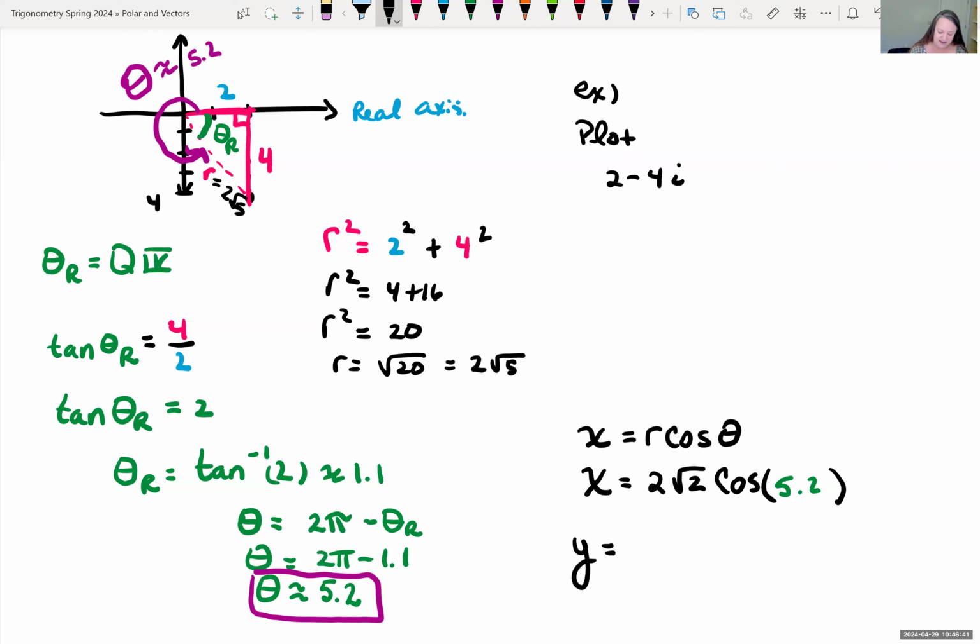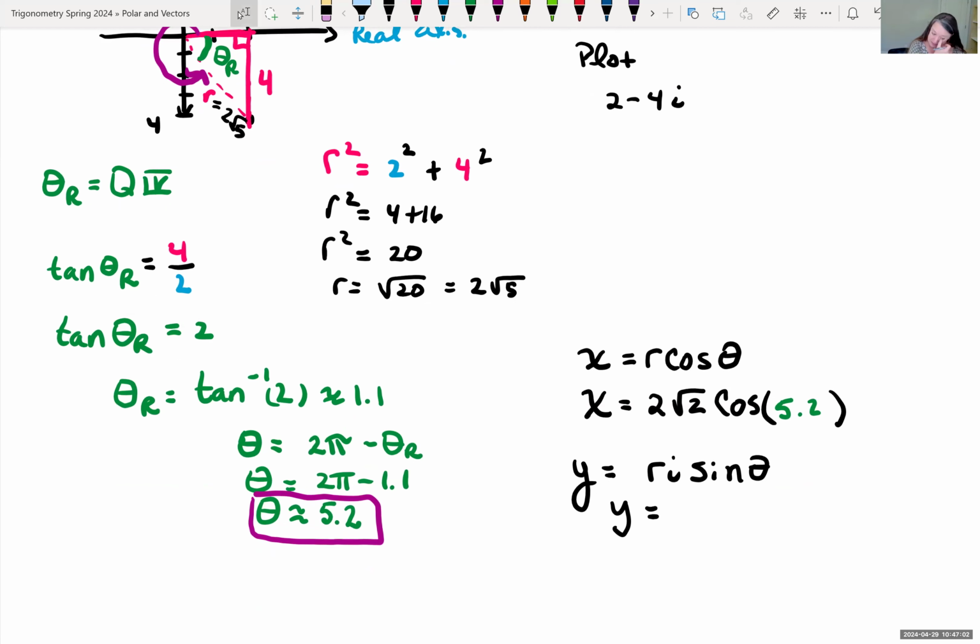Y though, in our case, that y is our imaginary number. It's like that y-axis is imaginary. So this is going to be r i sine theta. So our y value of this point is equal to r, which is 2 root 5, sine of 5.2. It should be 2 root 5, ma'am. Oh, thank you so much.